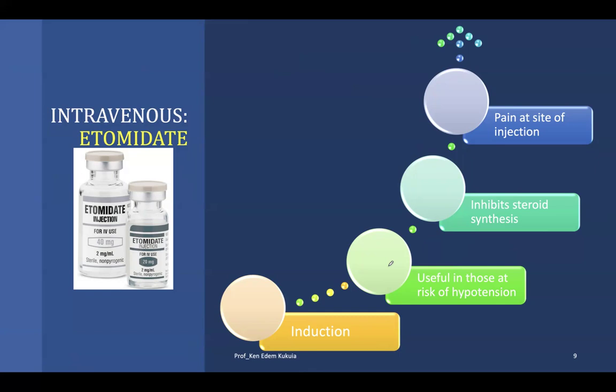And so patients at risk of hypotension may find this useful. The downside of this drug is the fact that it could inhibit steroid synthesis. So in critically ill patients, there could be the manifestation of oliguria, there could be electrolyte imbalance, and then there could be hypotension. Lastly, etomidate could cause pain at the site of injection.